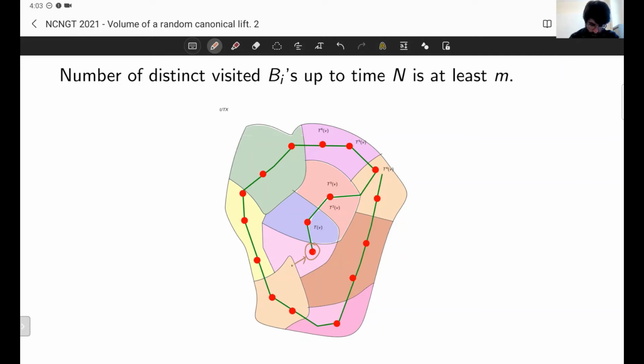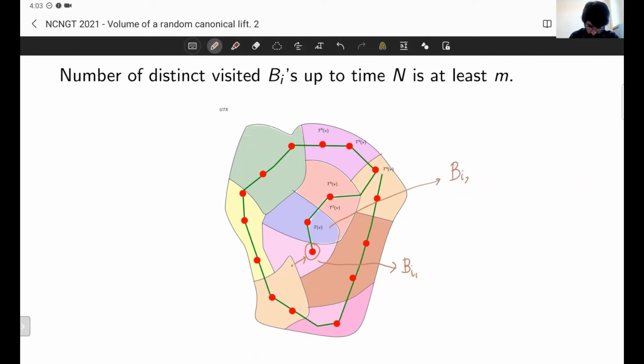So initially our point v was in some region, which is colored in this pink over here. This region is some set B_i. Let's call it B_i sub 1. And then we apply the unit time flow map, and we land in this other new region, which corresponds to another set B_i.